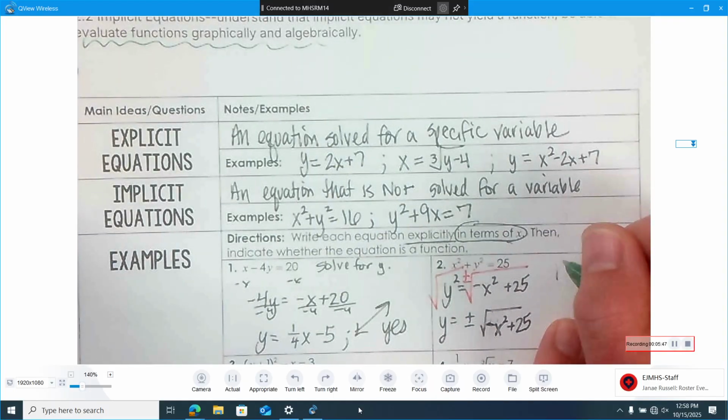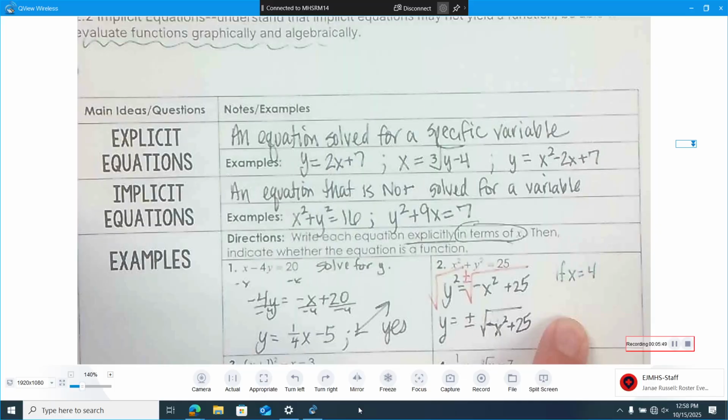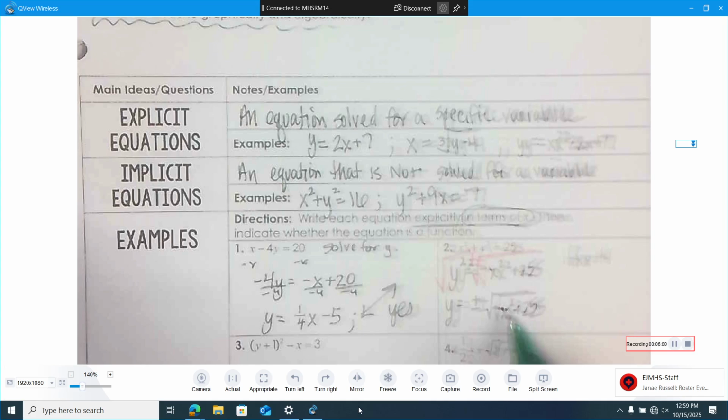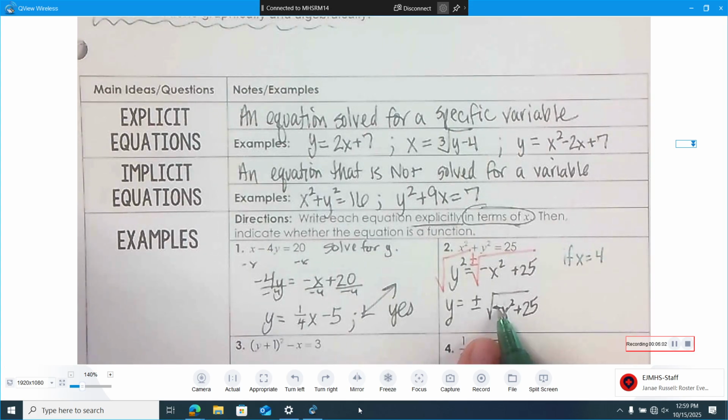If I plug in a 4, if x equals 4, then we would have 4 squared, which is 16. It's got a negative in front, so it becomes negative 16 plus 25.